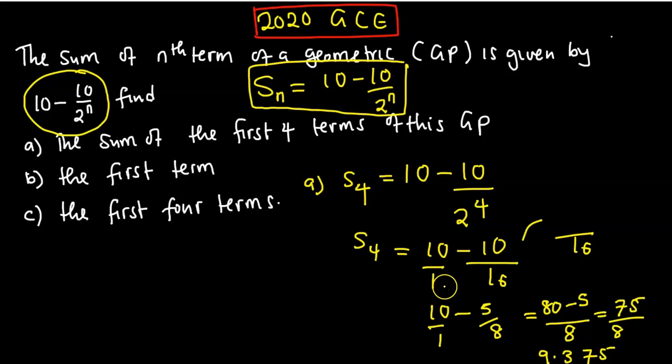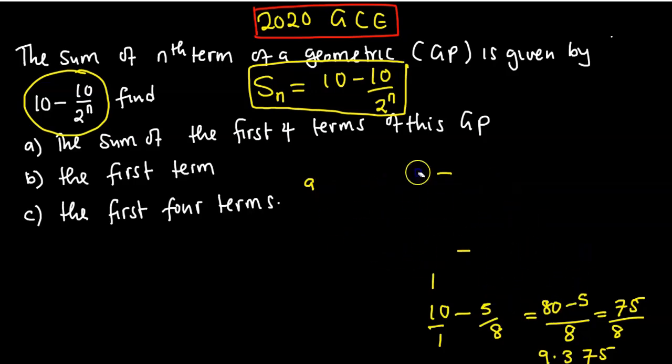Then 1 into 16 is 16, 10 times 16 is 160, minus 10, so you're going to have 150 divided by 16, which is just the same. It's giving me the same answer. So this is the sum of the first 4 terms. That is how you basically find it.